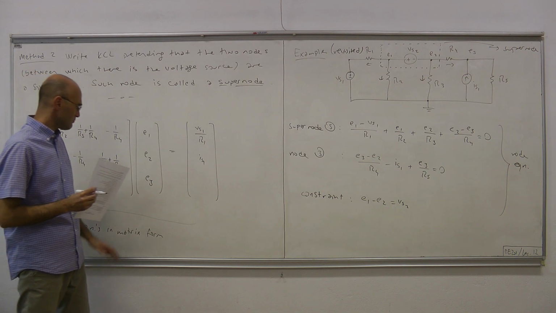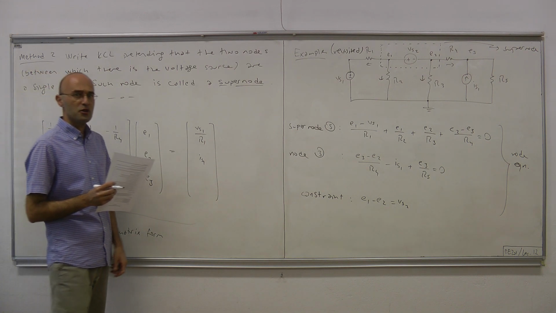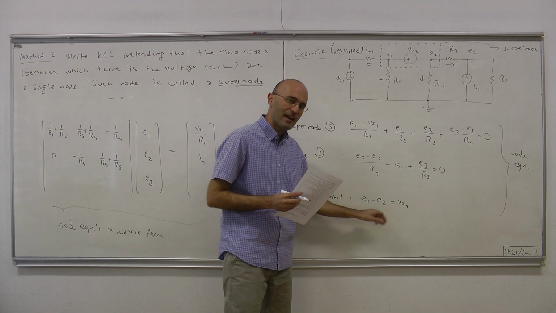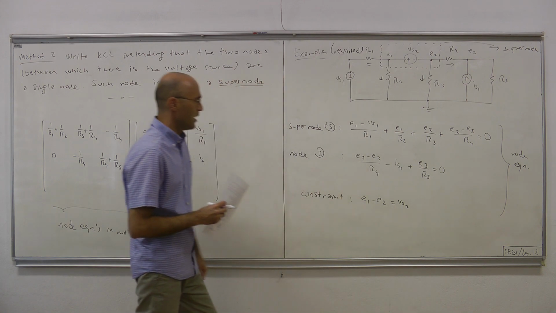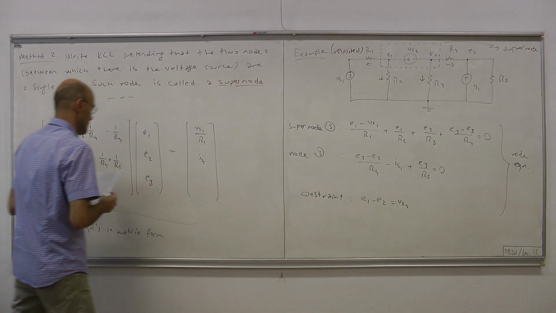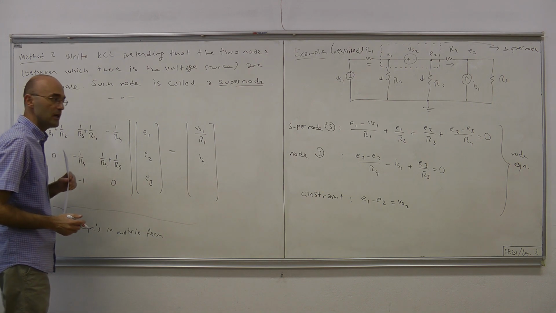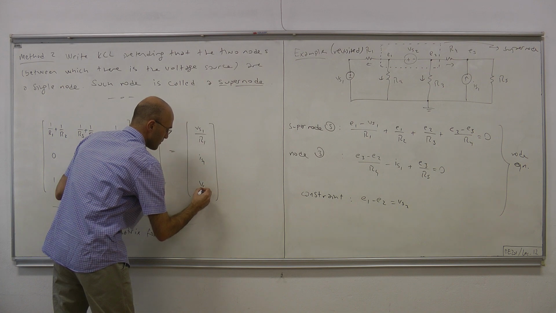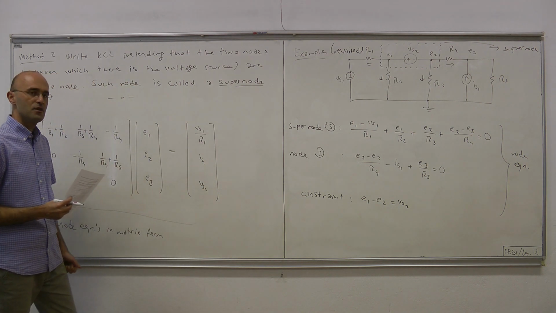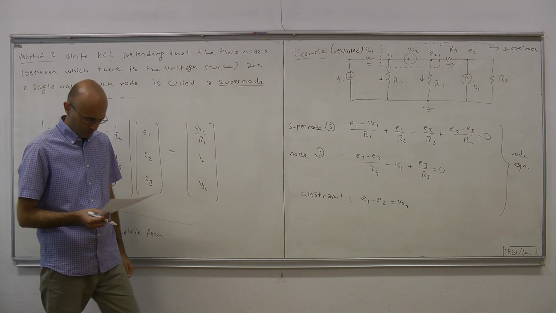And finally, for the last row, we look at the last equation, which is not a KCL equation, but a KVL equation, which says E1 minus E2 equals Vs2. E1 minus E2, and nothing for E3, equals Vs2. Okay? And this is the equation in the matrix form.